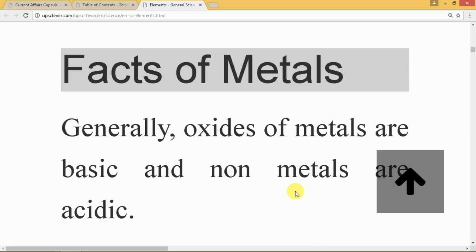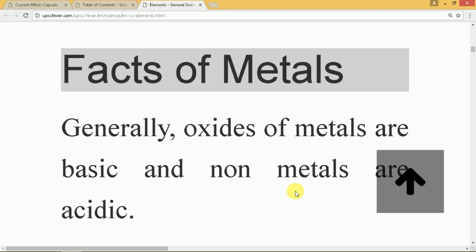Generally, oxides of metals are basic in nature, whereas oxides of non-metals are acidic in nature. Sodium is one of the very reactive elements and it reacts very vigorously with oxygen and hence it is stored under kerosene. Phosphorus also is very highly reactive and to prevent its reaction with oxygen, it is stored under water.